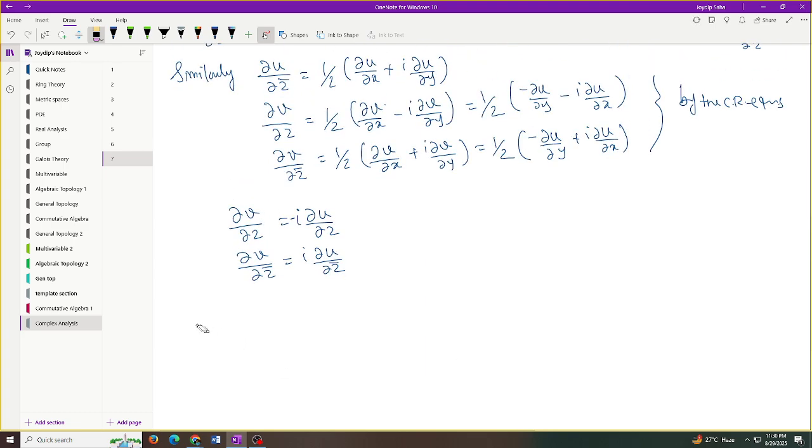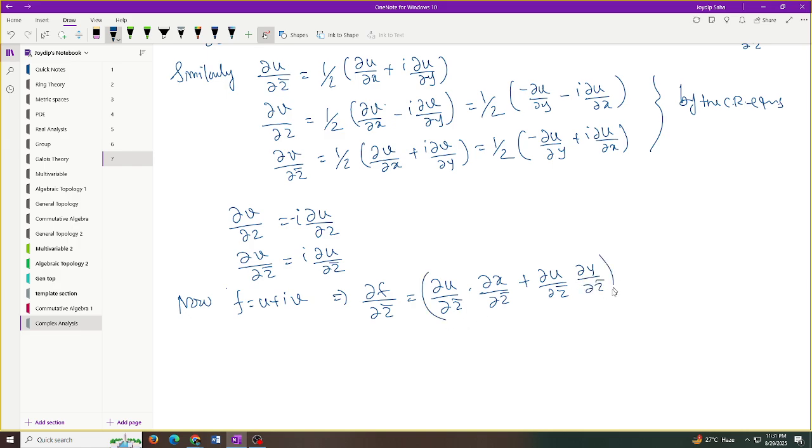Now f equals to, just apply chain rule. What is this?